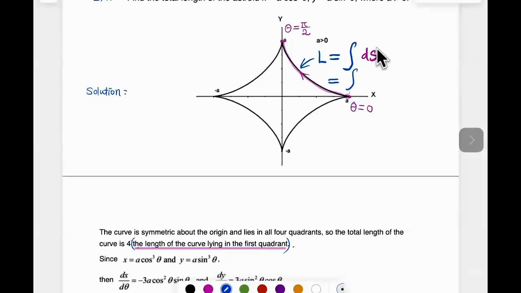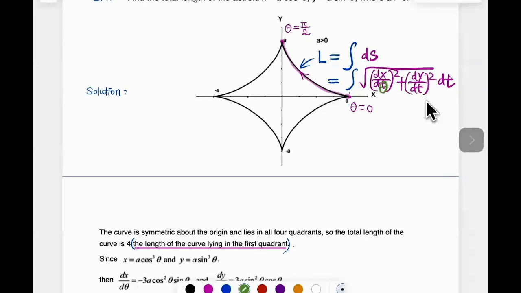That's equal to the integral, and for the ds over here, what are we going to replace it by? The square root of, if I put the dt outside, dx/dt squared plus dy/dt squared.